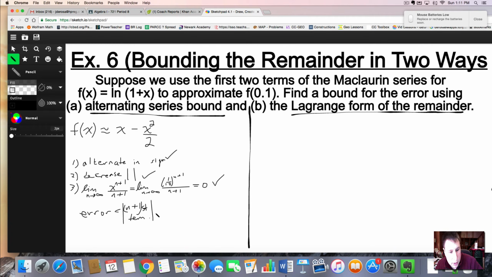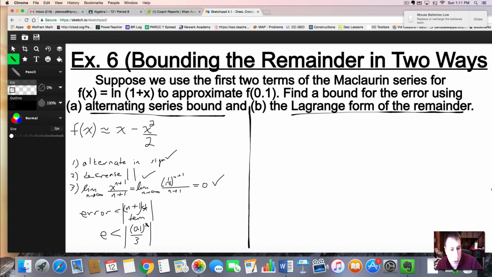And in this case, we know that the error, I'll just say e, is less than, well, the next term would be x cubed over 3, which would be 0.1 to the third over 3.